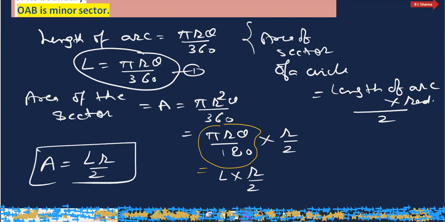This is the relation between area of the sector and length of arc, and this is a very, very important relation. Area of a sector of a circle is equal to length of arc into radius divided by 2.